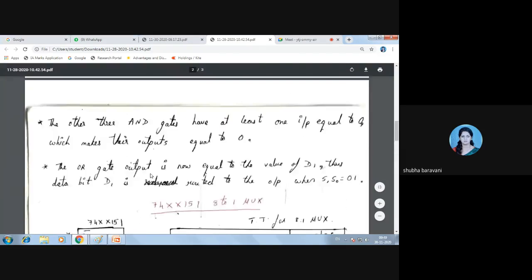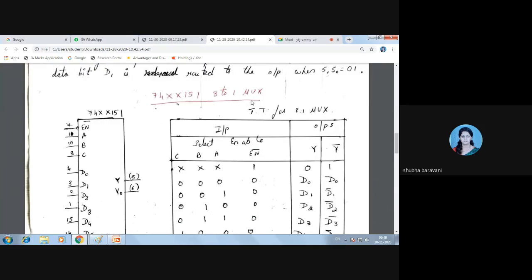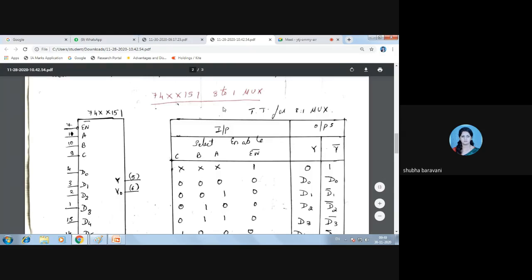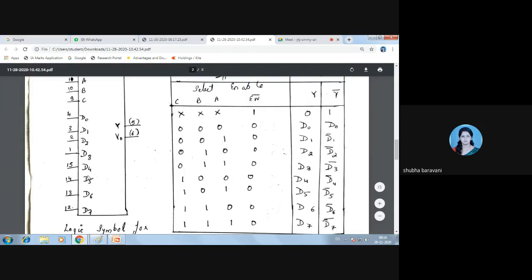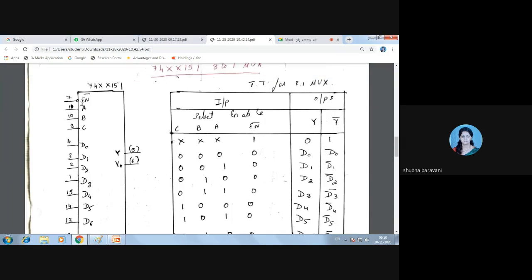Now that we have done the 2 to 1 mux and 4 to 1 mux, we'll see 8 to 1 mux. So 8 to 1 mux means 2 power 3 inputs and 3 select lines. Enable by default has to be there for the IC to be active or inactive.